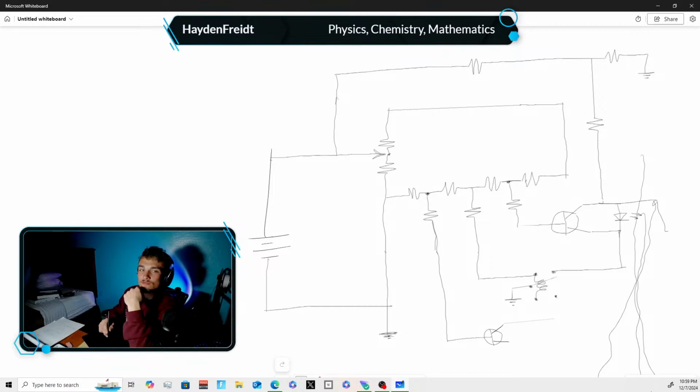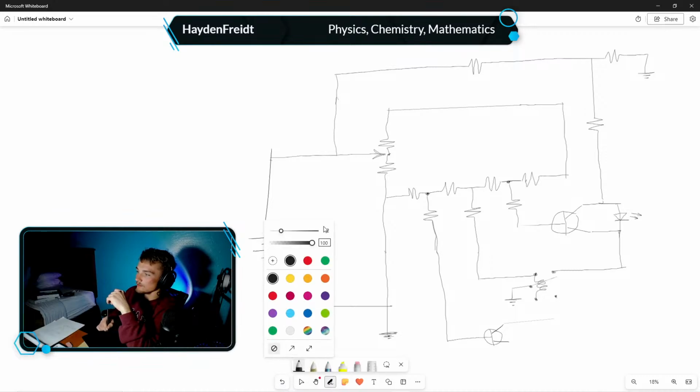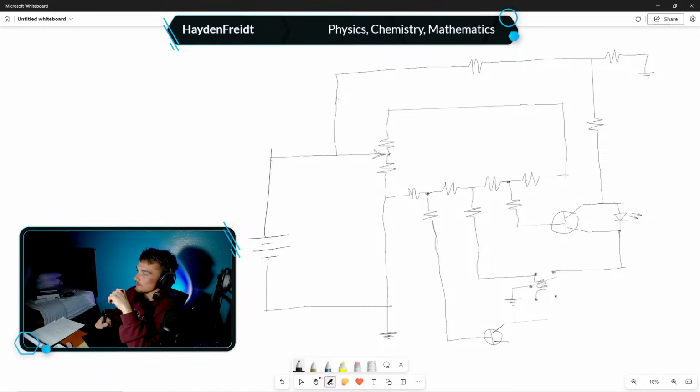Something about it is very wrong. I alter the thickness of this. Yeah, that's better.